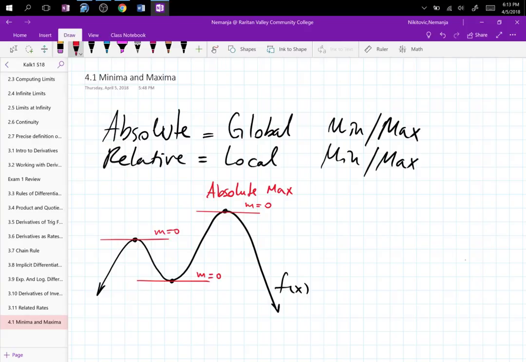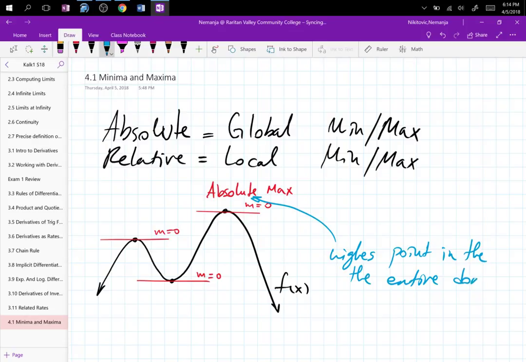And the reason it's absolute is because it is the highest point in the entire domain. There are no points anywhere on the entire function that are higher than this point. So this is the highest point. This is the Mount Everest of the entire graph, forever. So we call that absolute maximum.